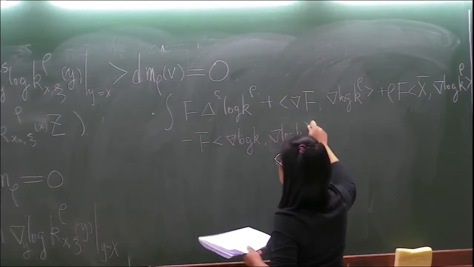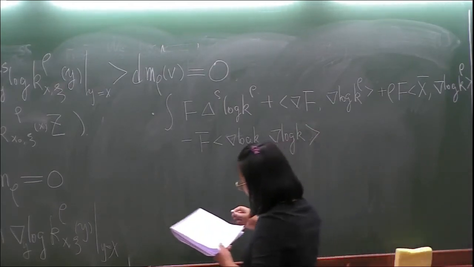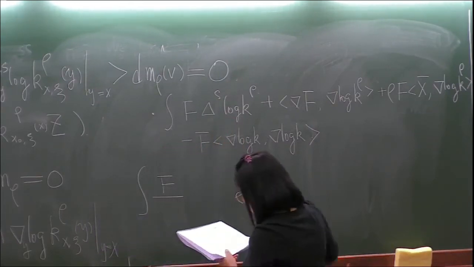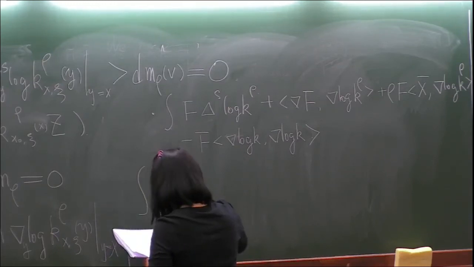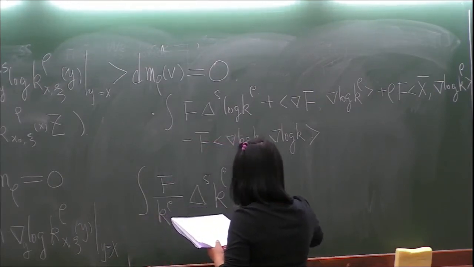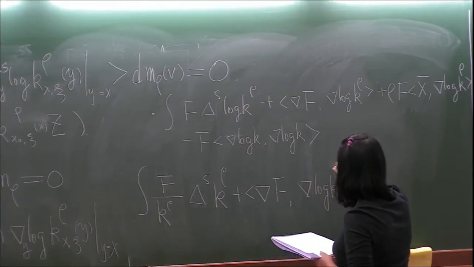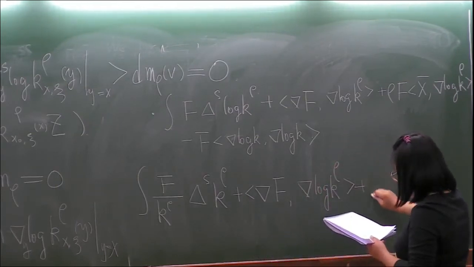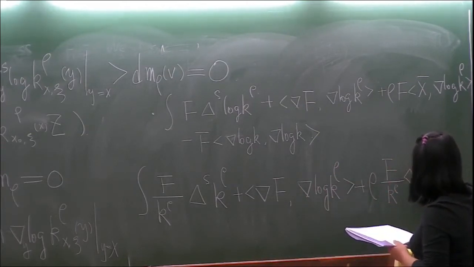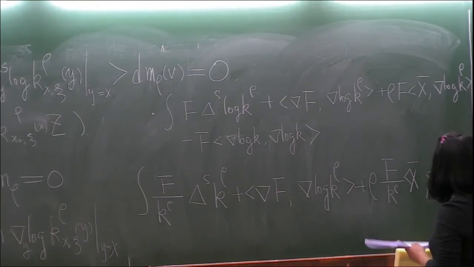So then you actually obtain this equation. Here you can group it to be k rho, and here Laplacian s k rho, plus this gradient f, gradient log k rho, then plus rho times f divided by k rho, x bar, and the gradients x, k rho.